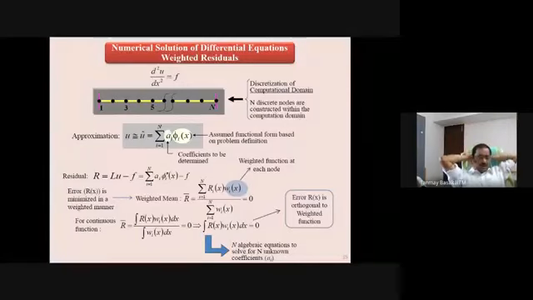Similarly, any function can be expressed as a linear combination of the basis functions. That's a functional space. So the coefficients have to be determined. These basis functions can be constructed in different fashions, and I will be discussing that part. And the residual is LU minus F, which is the summation i equals 1 to n of ai phi i minus F.